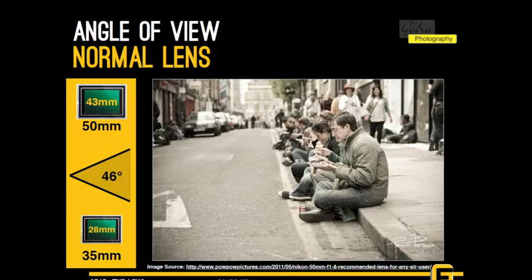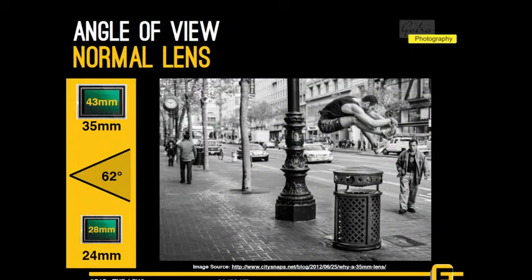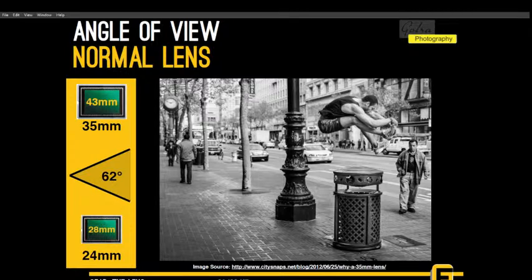This is 46 degrees because it's using 50 mm, 35 mm. This is 62 because he is using 35 mm, 24 mm. Now see the footpath, the line here. It is more inclined.